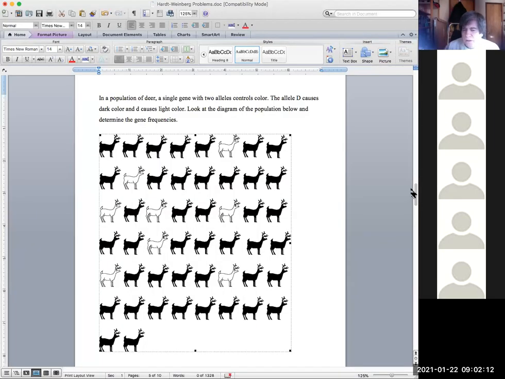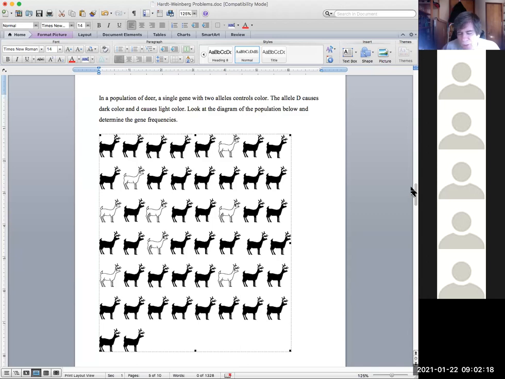We're going to start out by looking at the problems from yesterday that I asked you to look at at home. So I'm going to go to screen sharing and we'll look at those. We're going to start out looking at our population of deer.